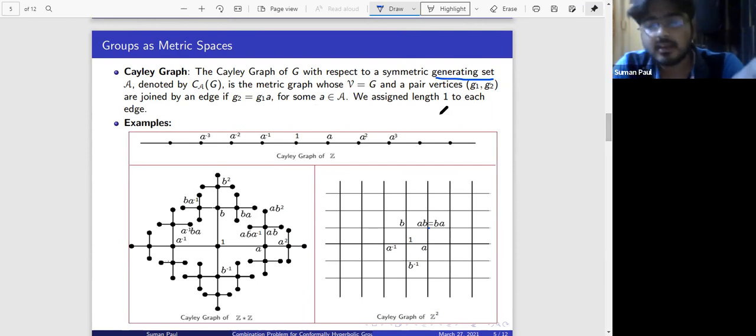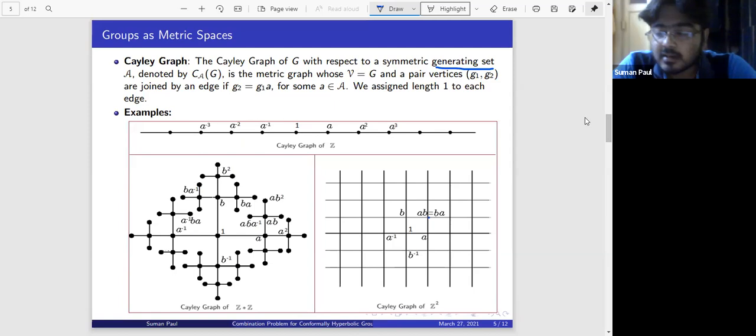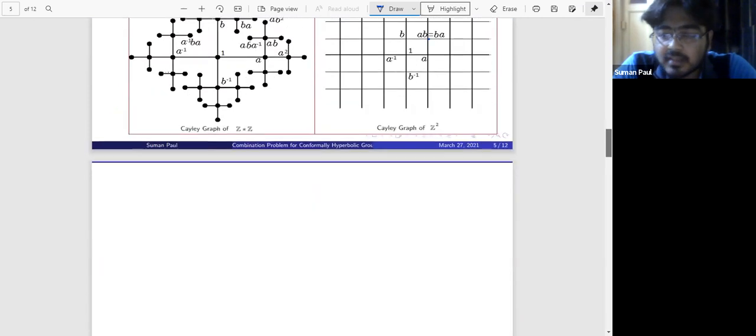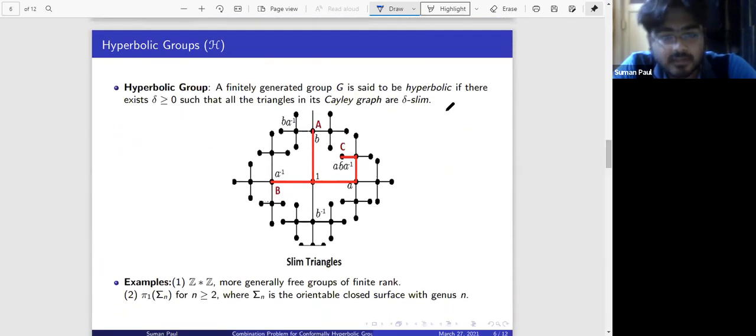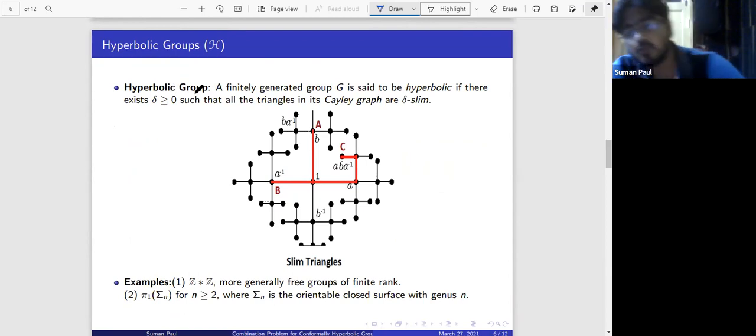So if I take two generating sets, script A and script B, then the Cayley graph with respect to A will be quasi-isometric to the Cayley graph with respect to B. And we know that hyperbolicity is quasi-isometry invariant. That's why you can choose any Cayley graph and define the hyperbolic group. So the notion of hyperbolic groups is well defined.